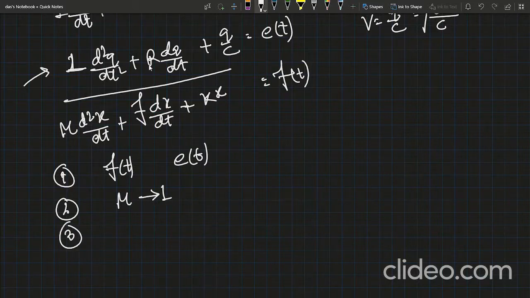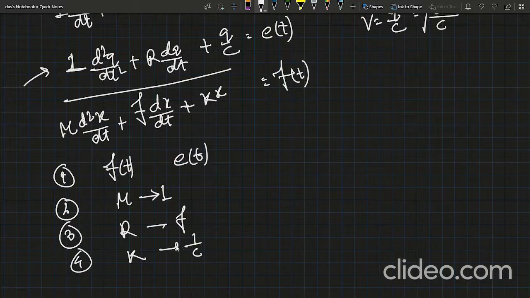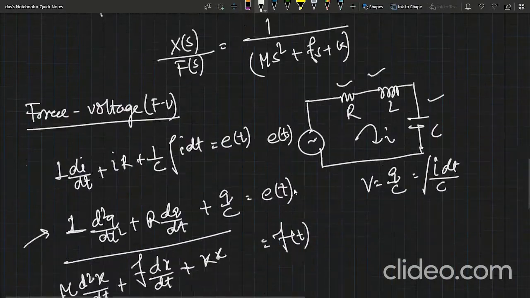Number 3, the resistance of the electrical network is analogous to the frictional coefficient f. Number 4, the spring constant K is equivalent to 1 by C, that is the capacitance of the circuit. And finally, displacement is equivalent to the charge of the electrical network. That is why it is known as the analogous circuit. Okay, so this is the force voltage analogy.